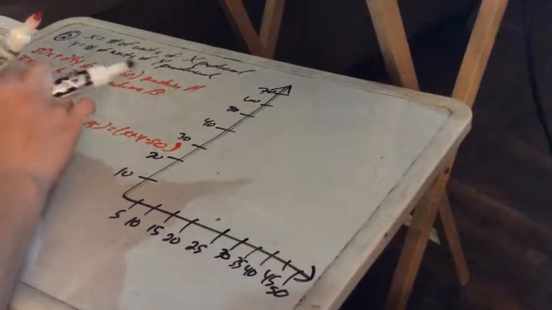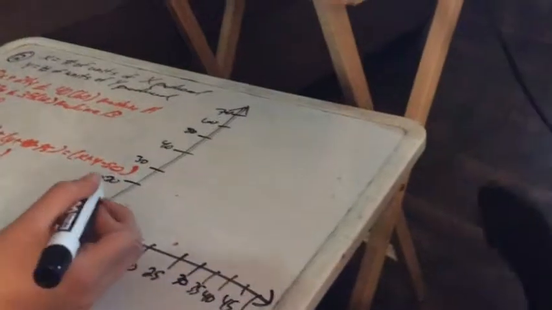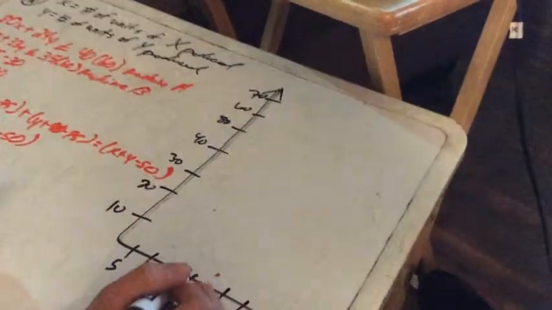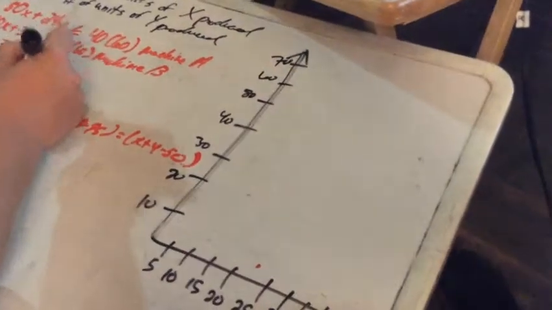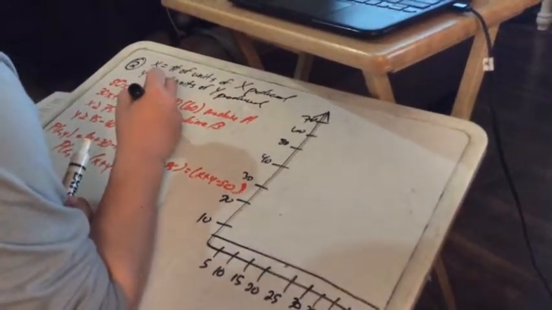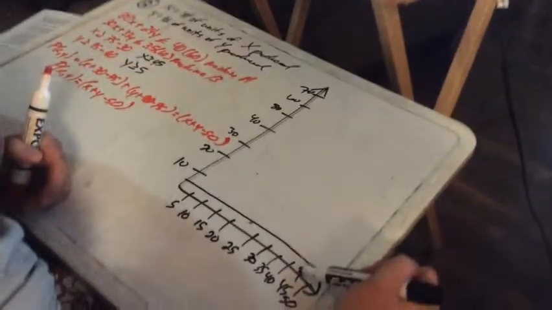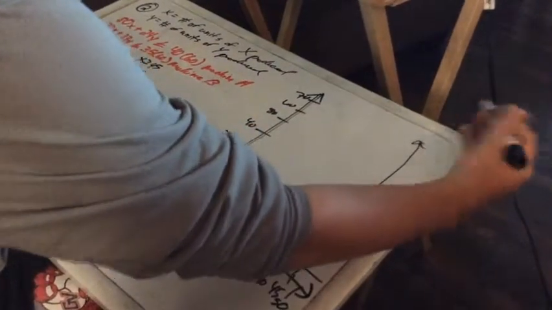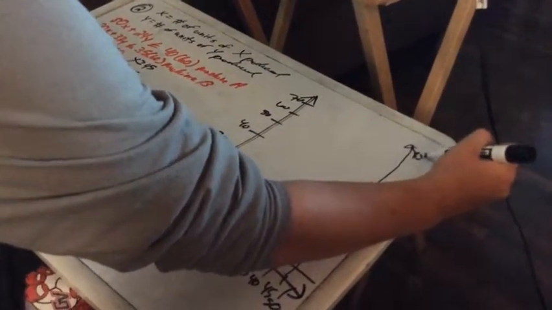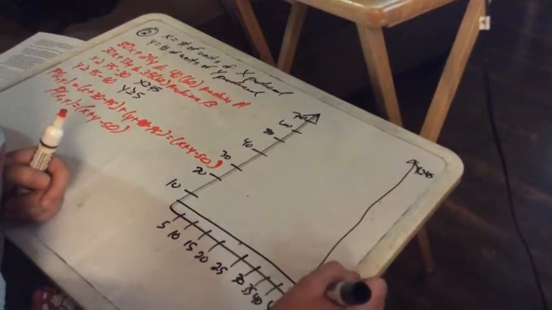Okay, so now I'm going to graph my functions. So we have Y is greater than 5, so I'm going to put a line there. X is greater than 45, so put a line 45. So X is greater than or equal to 45, and Y is greater than or equal to 5.